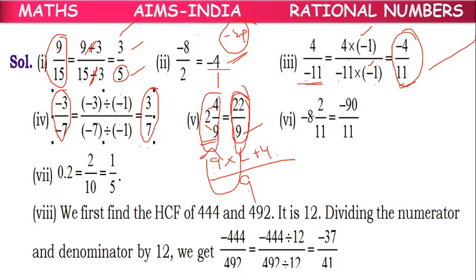-8 2 by 11. Don't take minus here. Don't consider minus, children. 11 8 times 88 plus 2 90. After multiplying and adding, we have to take the minus symbol. Before that we should not take the minus symbol.